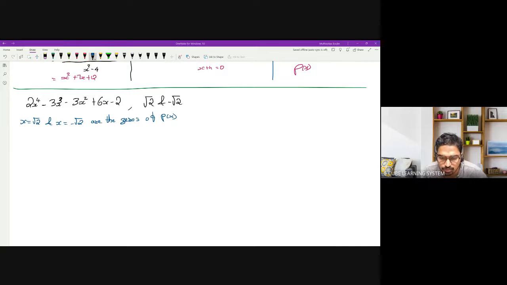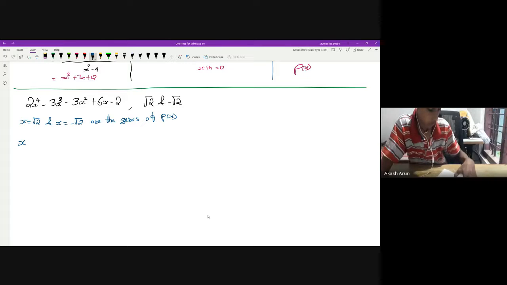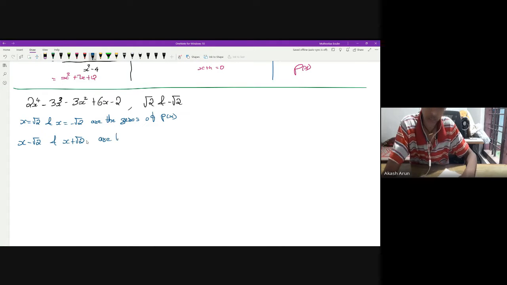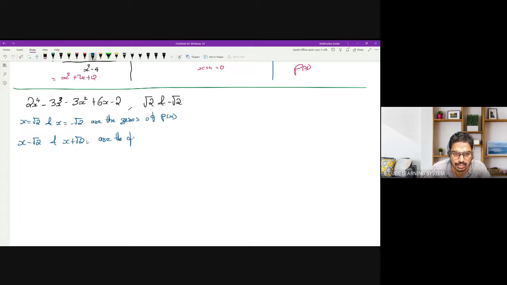Ajay, continue. x minus root 2 and x plus root 2 are the factors of p of x.